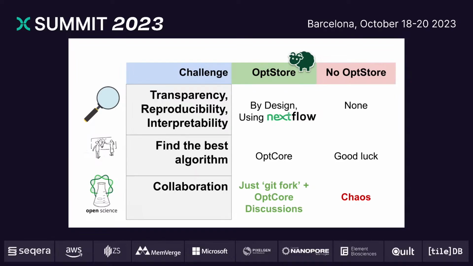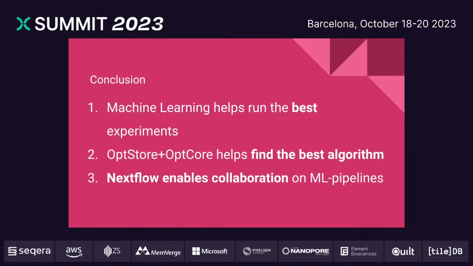And finally, in terms of collaboration and making sure that as a community we're all moving forward efficiently, you can just fork the pipeline, make your own changes to it, and discuss those results with the community. I think that's better than the chaos right now, with hundreds of pipelines and hundreds of Python packages being put out there and not being discussed or collaborated on in an efficient way.